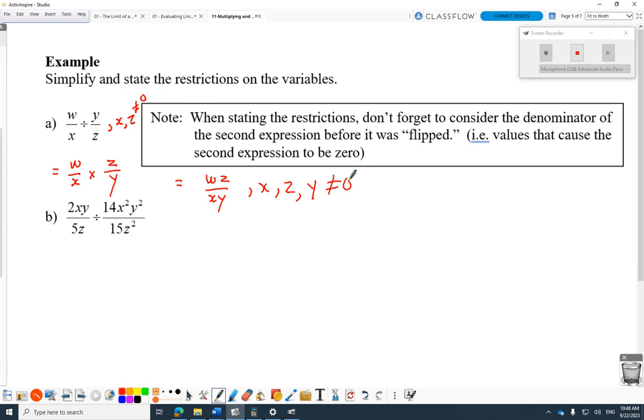Nathan, how come Y wouldn't have to be 0 if you flip it? If I subbed in 0 for X, then this becomes undefined, and then I can't do the question. If I sub in 0 for Z, then this fraction becomes undefined.